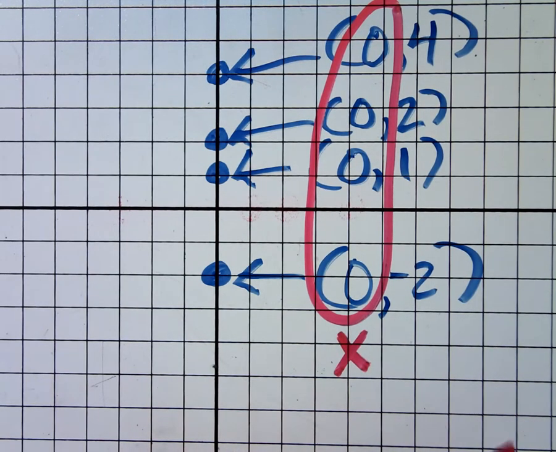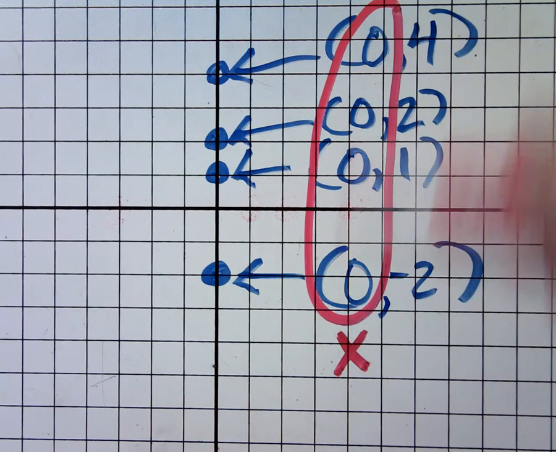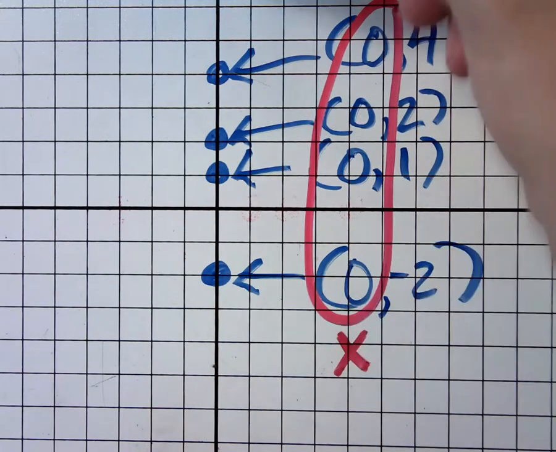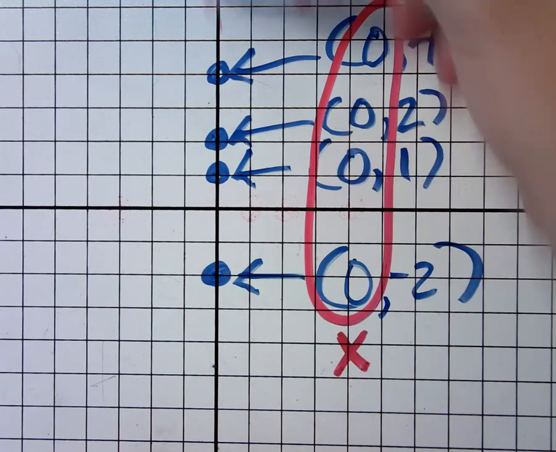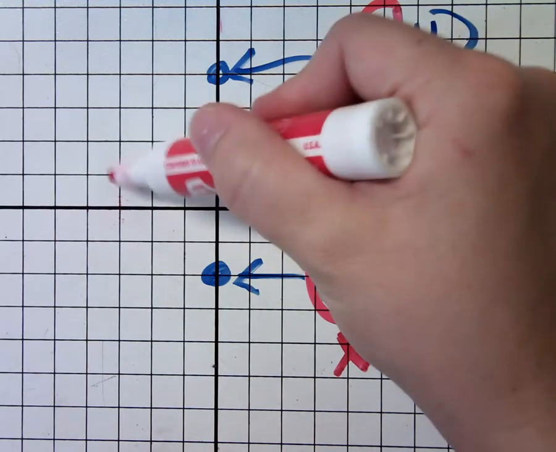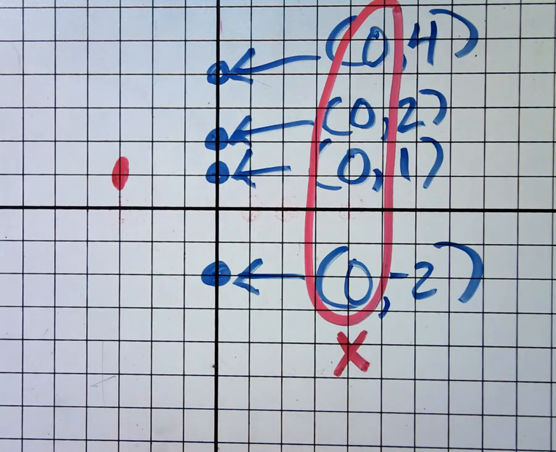So whenever you want to know something about the y-intercept, the x-coordinate is always 0. Because if you want to be on the y-axis, which is what a y-intercept is, you can't be right or left any. Because if you're right or left any, you're no longer on the y-axis.